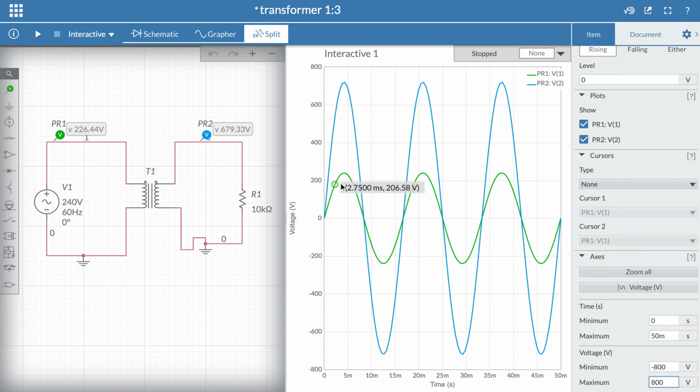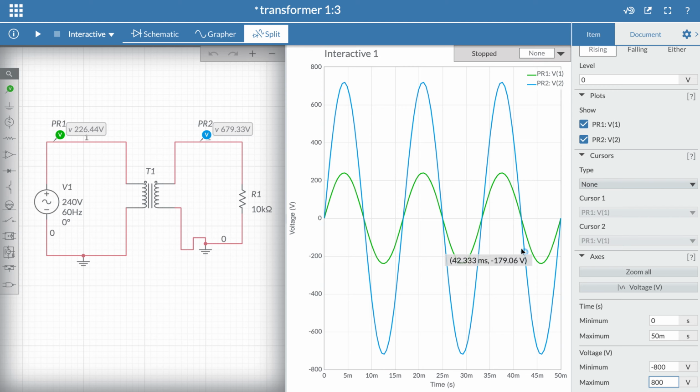And yes, here it's 240. Here it's around 700 something. It's 712. Yeah, it's almost 3 times the input with a little amount of loss. So this is acceptable, this is logical.